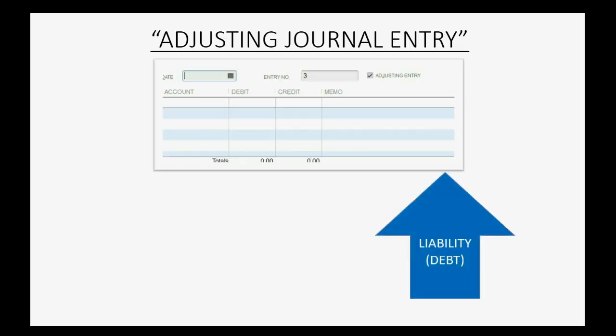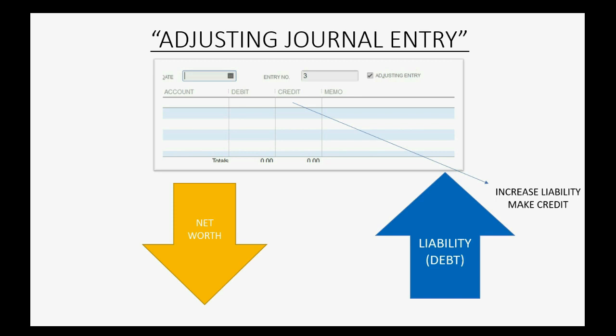Well, we know if liabilities are increasing and net worth is decreasing, that in order to increase a liability, we will make a credit because liabilities are normally on the credit side. And since net worth is normally on the credit side and we're decreasing net worth, we will make a debit.